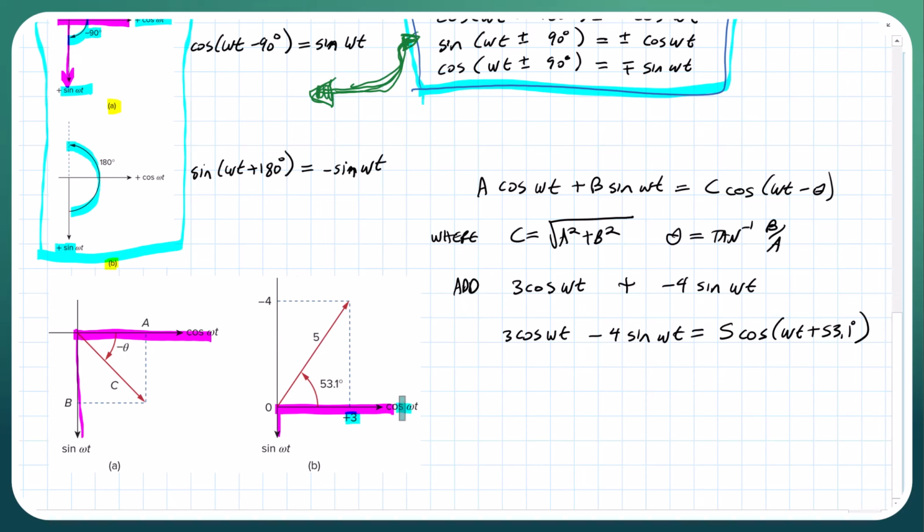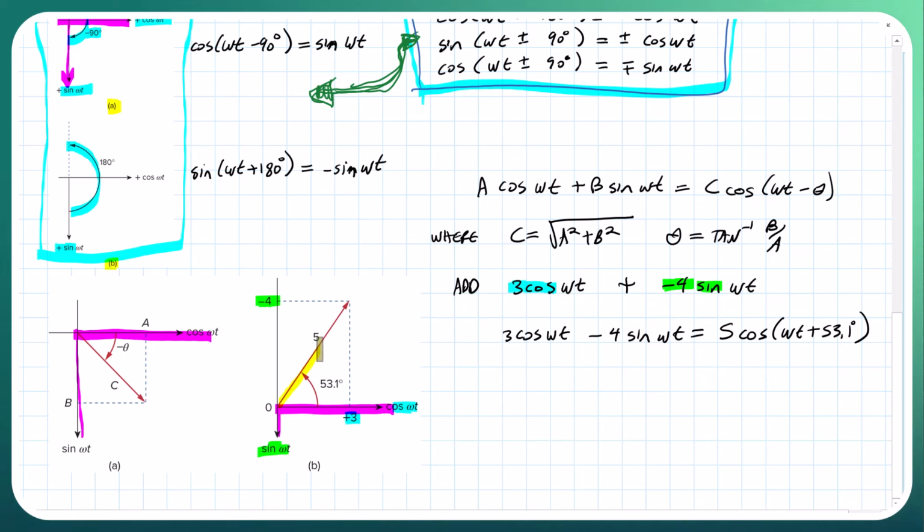So this is plus 3 cosine here, and then we have minus 4 sine. Going up is negative here, and it's sine. It's going to give us this amplitude.